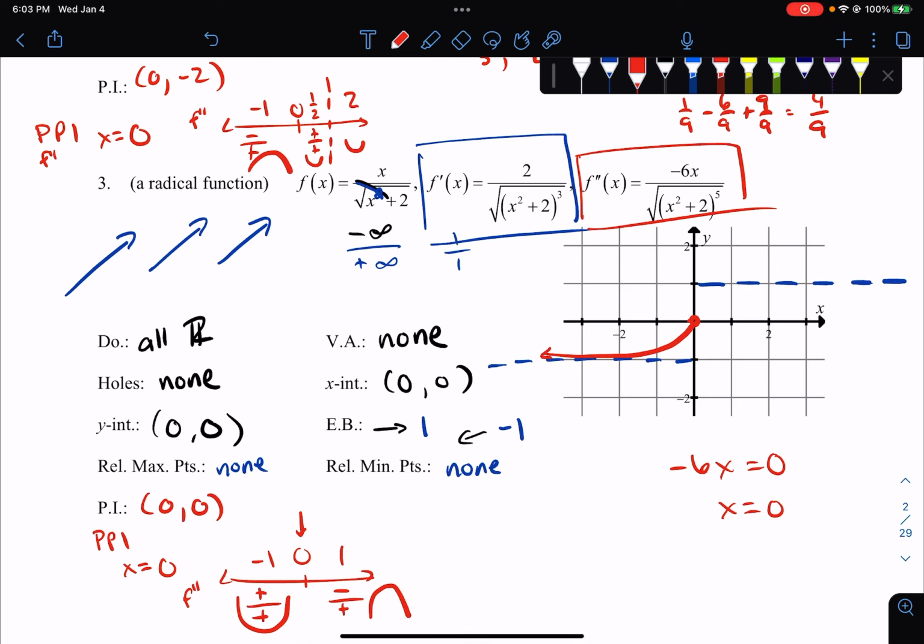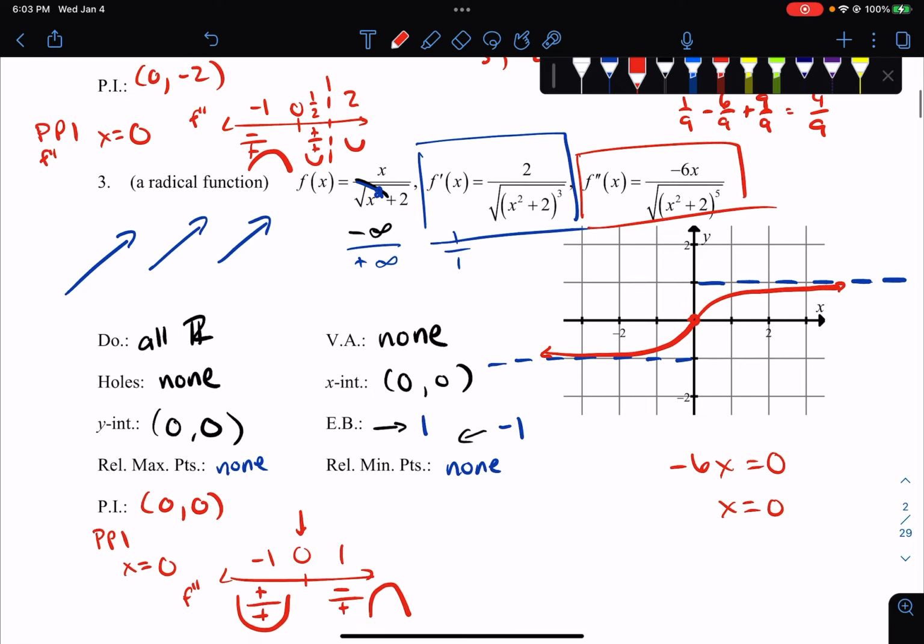But then once I hit 0, my point of inflection changes my concavity, and now I'm concave down, but I'm still going up. So my function simply looks like that. It never crosses 1 to the right, and it doesn't cross -1 to the left. It approaches them, and it stays the same concavity. It just never actually crosses those lines.